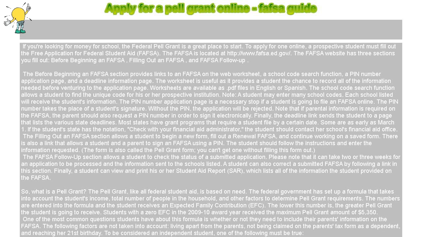To be considered an independent student, one of the following must be true: the student is 24 years old. The student is enrolled in a master's or doctorate program. The student is married at the time the application is filed. The student has a child for whom he provides more than 50% financial support.